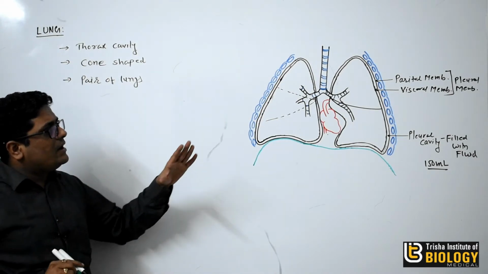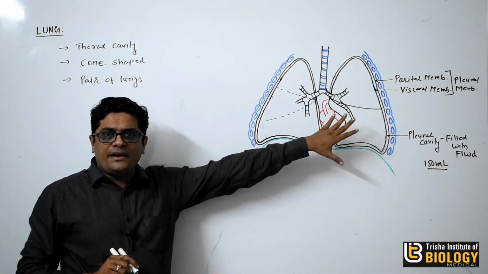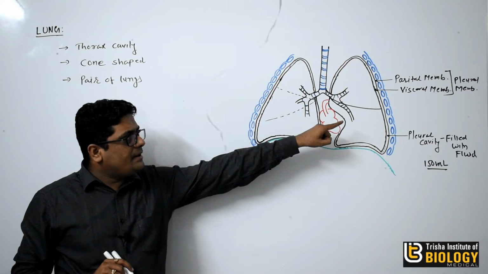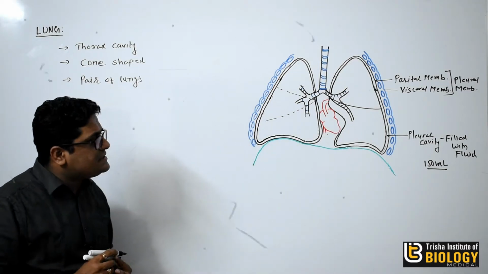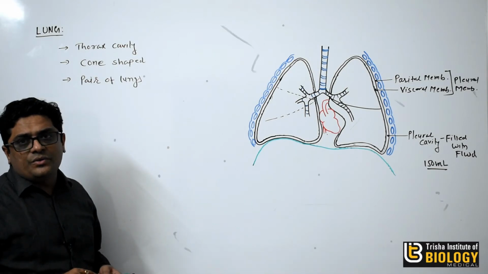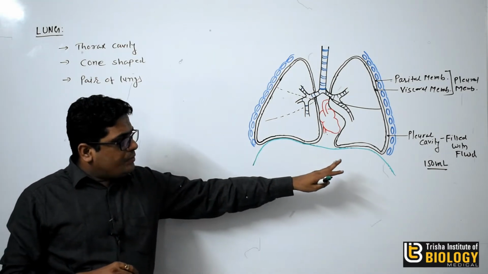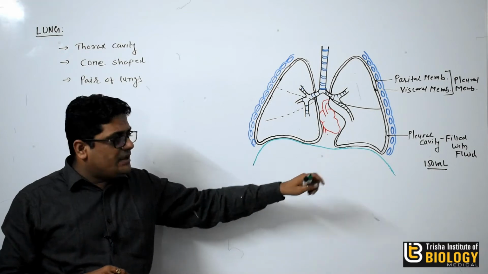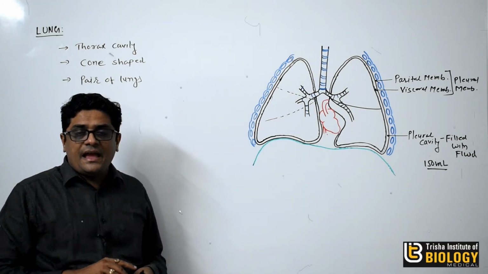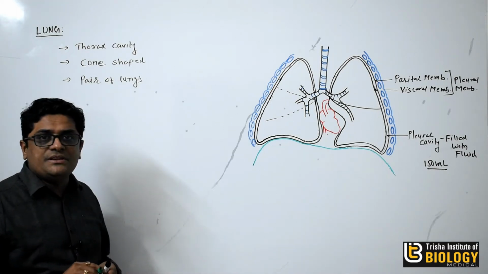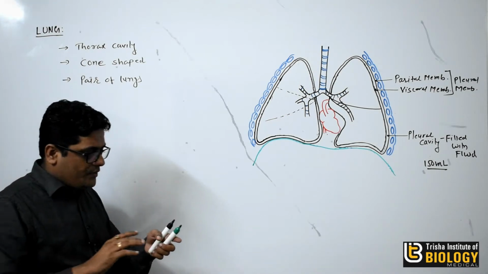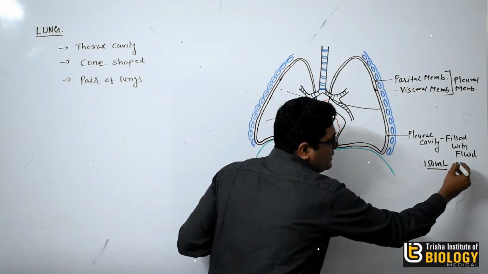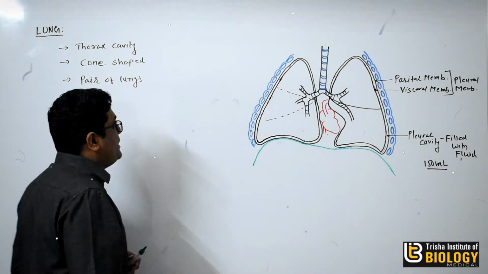Both the lungs are covered by a double layer wall, known as the pleural membrane. There is a cavity or space within this pleural membrane, known as the pleural cavity, which is filled with fluid. This fluid is responsible for the absorption of shock from the outside.